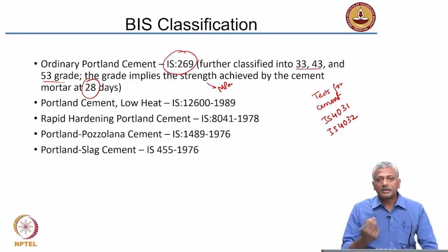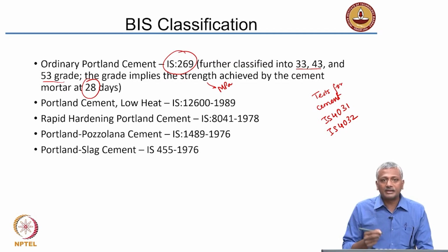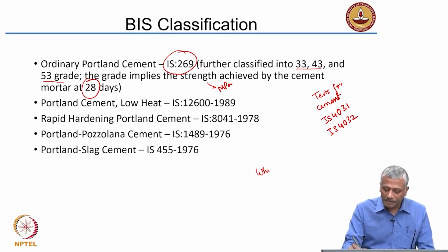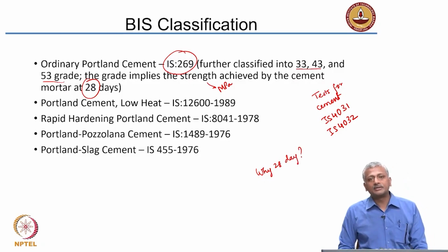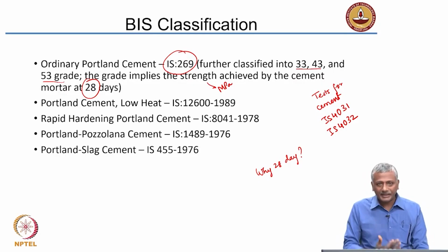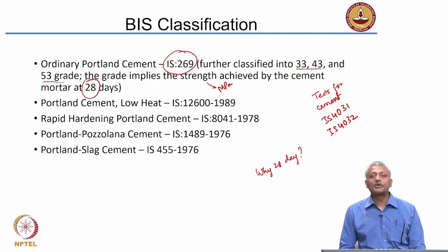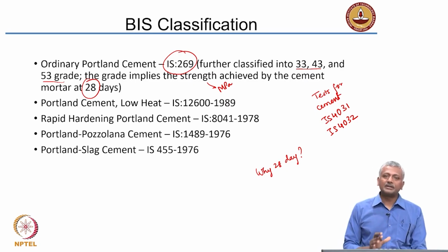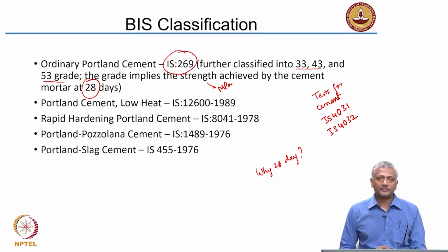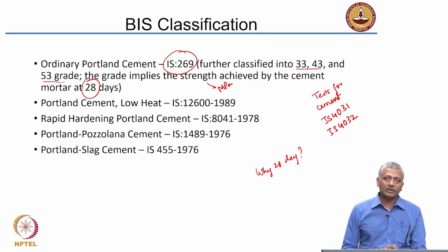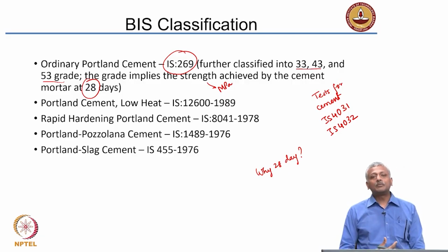So a couple of questions for you to understand: why do we consider 28-day strength? It is because most of the cement that is likely to hydrate would complete its hydration within 28 days for a general purpose cement, when you are dealing with type 1 cement. If you think about low heat cement, 28 days is probably not enough. You may have to think about a much longer time period, so increase the time over which the reaction actually happens with water.